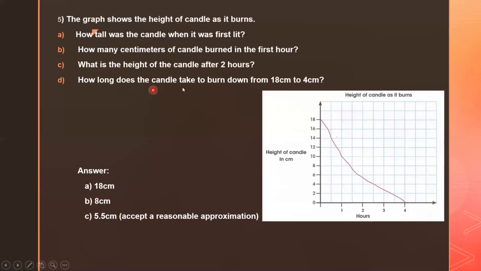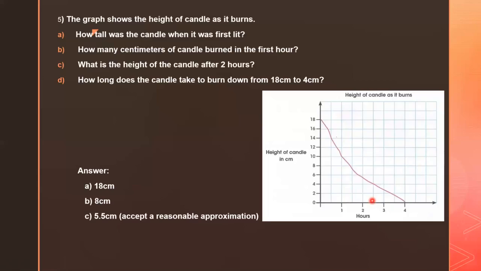Now, how long does the candle take to burn down from 18 to 4 centimeter? So 4 centimeter is here. We need to find the time. So from 18 centimeter to 4 centimeter, 4 centimeter is here, in between 2 and 3.